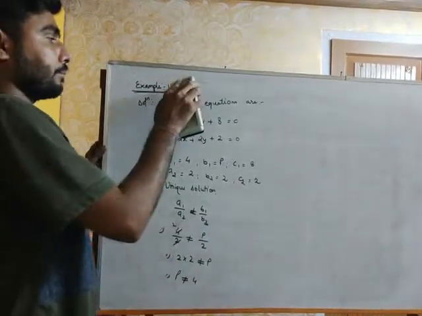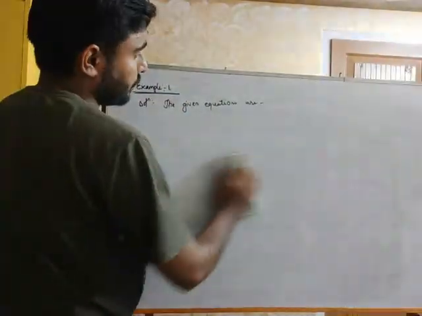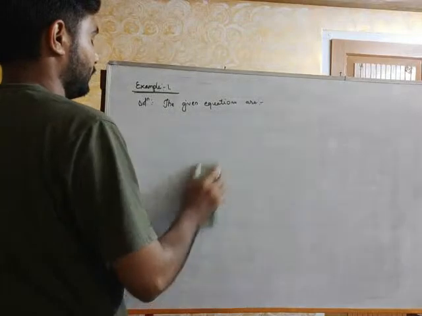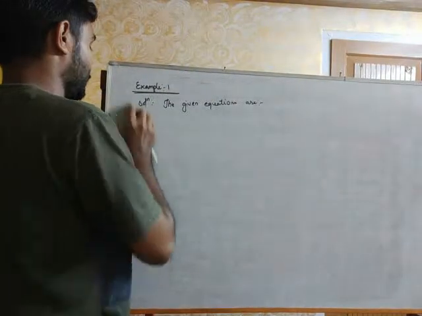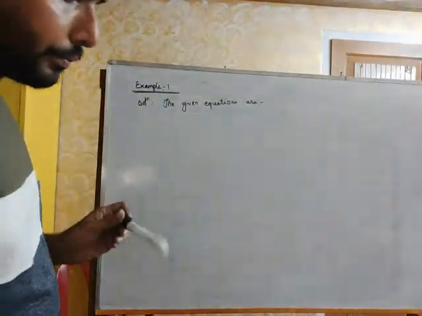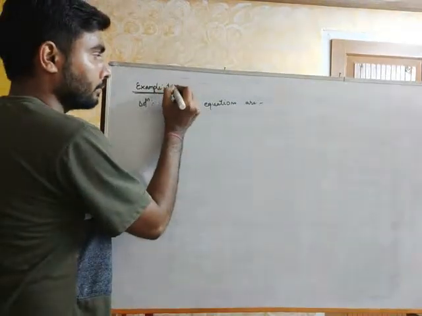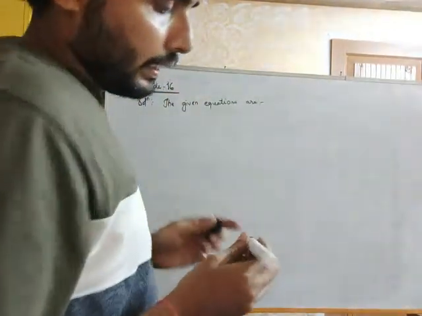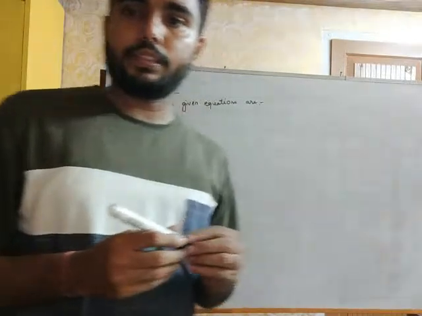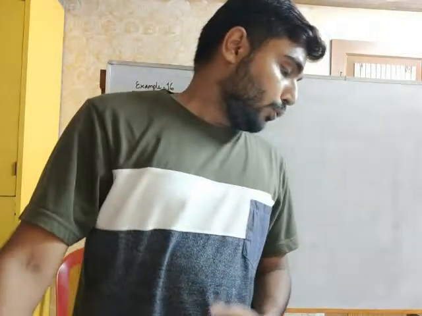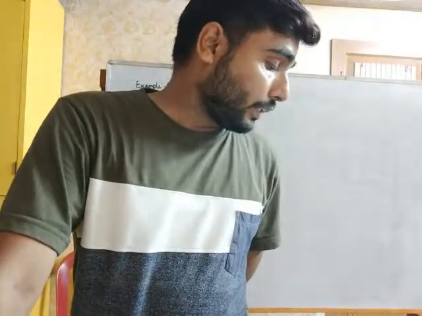Example 16. Example 16, what does the example say? For what value of k will the following pair of linear equations have infinitely many solutions?